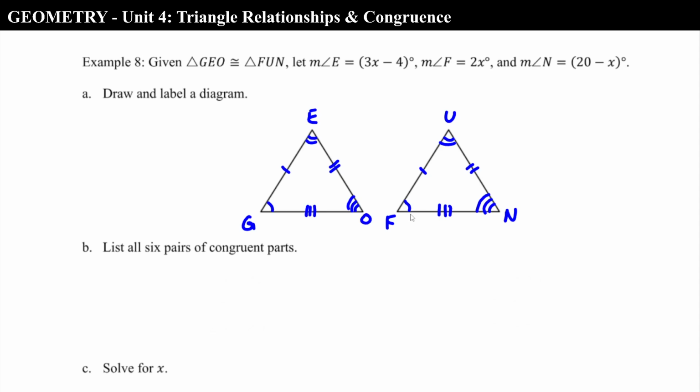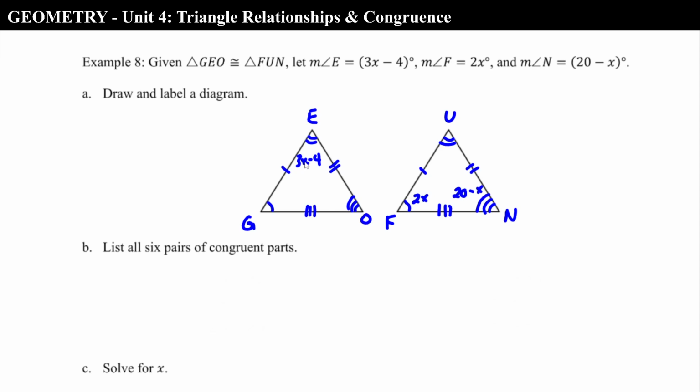So knowing all of this, we know that angle E is going to be 3x minus 4. We know that F is going to be 2x. And we know that N is going to be 20 minus x. So now we've labeled everything that we have.